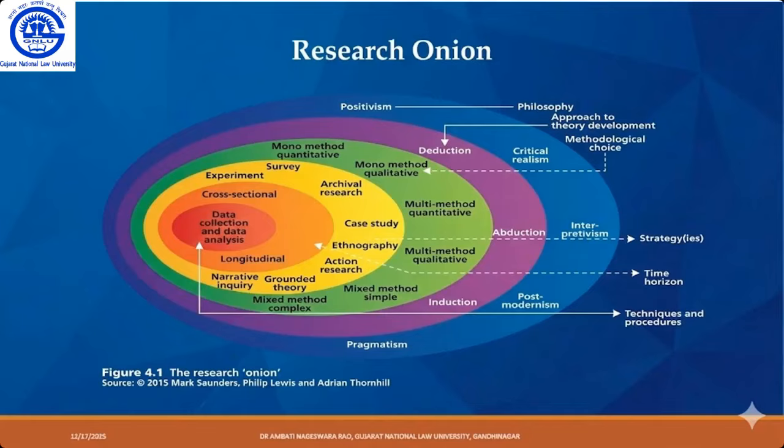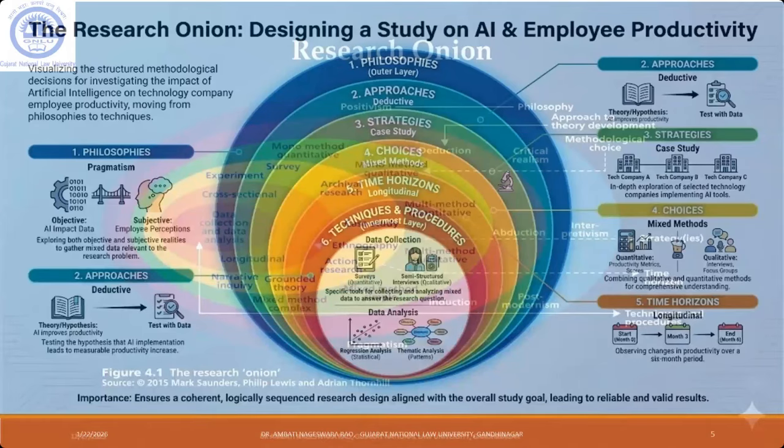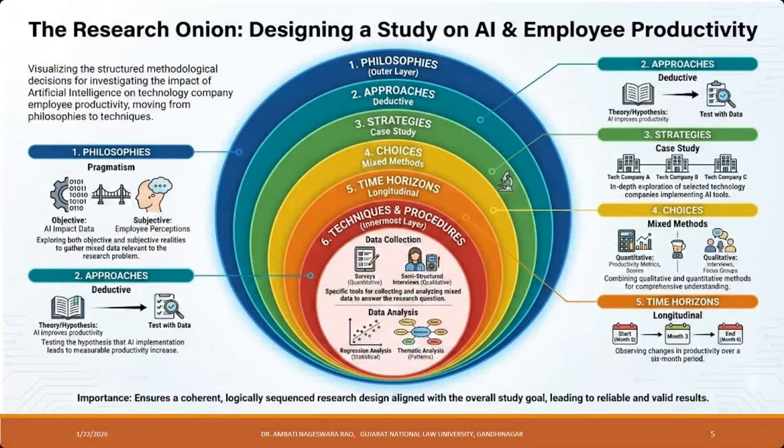Let's take an example here. In this particular onion, there are so many layers, around 6 layers. If I know what my first philosophy is as a researcher, what kind of knowledge I'm going to contribute, is it based on objectivity? Is it based on subjectivity? Now there are different philosophies like positivist approach, interpretivist approach, pragmatist approach.